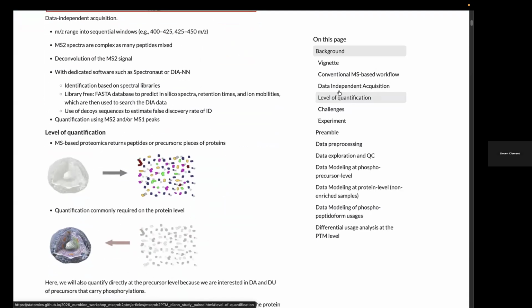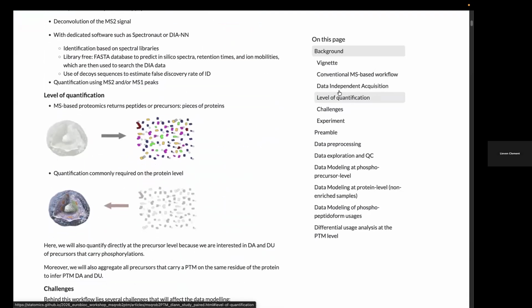One of the things that often happens in proteomics, and that we will also do here, is that we are often interested in differential abundance at the protein level, but we do not measure the proteins right away. We measure the peptides, and then we have to do some kind of summarization from peptide to protein level to make sense of it.